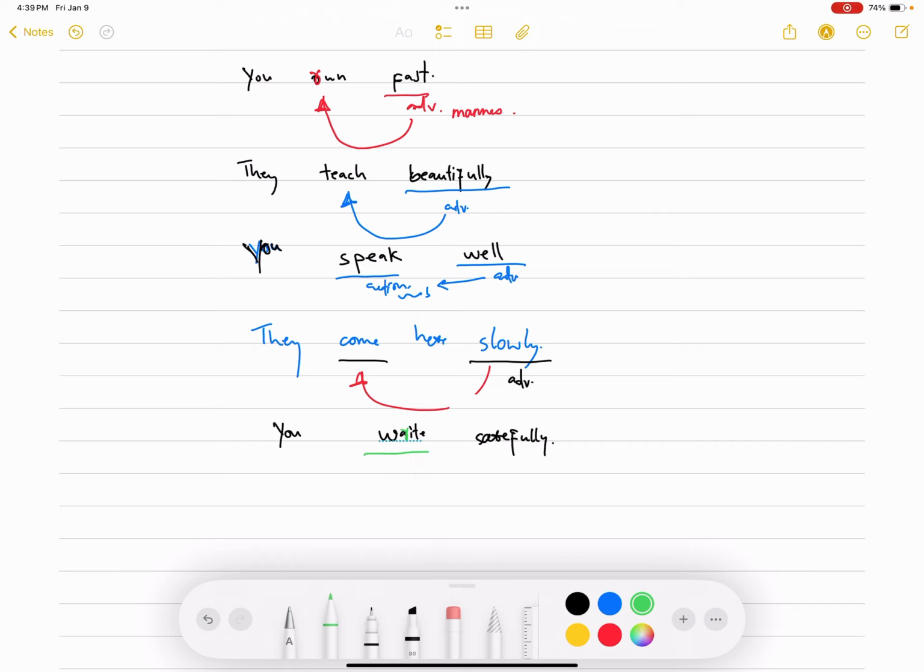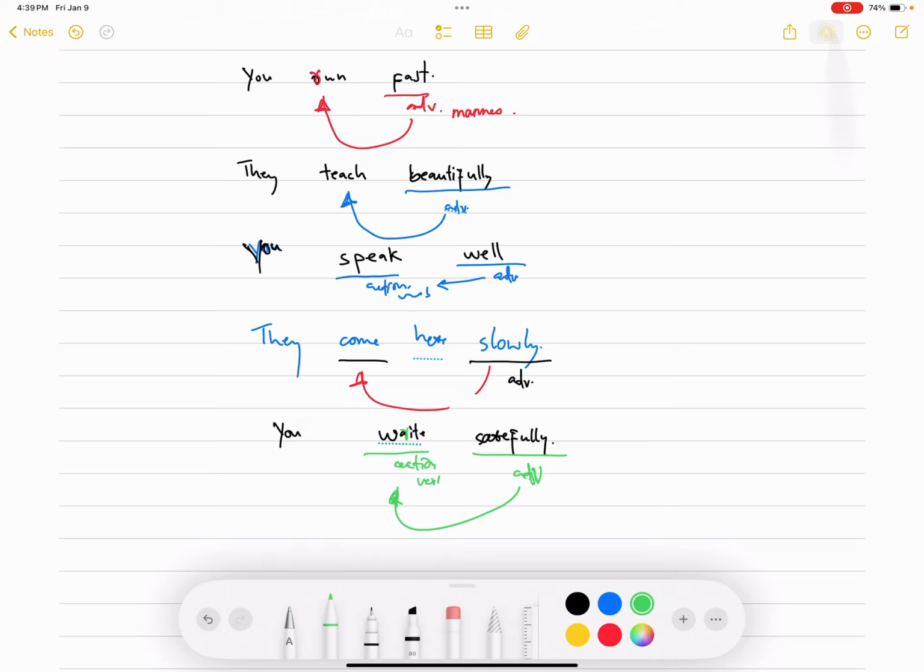Write is a verb. Which kind of verb? This is an action verb. What about carefully? Carefully is an adverb. This adverb modifies this verb. It shows how an action happens here. You write carefully.